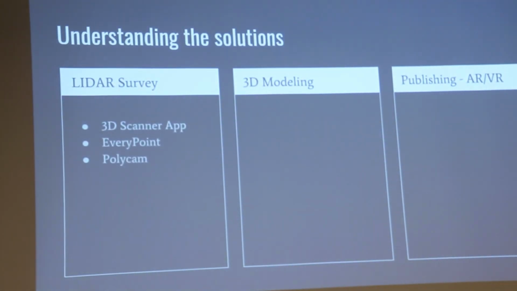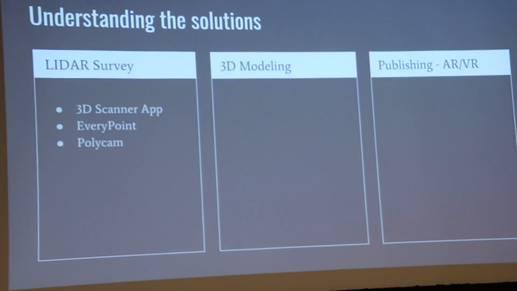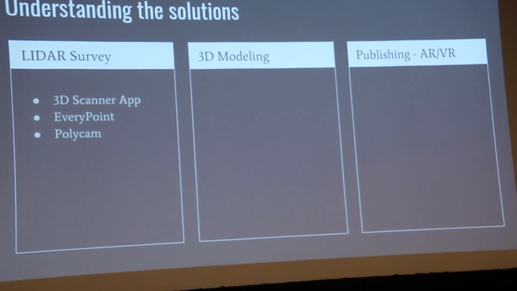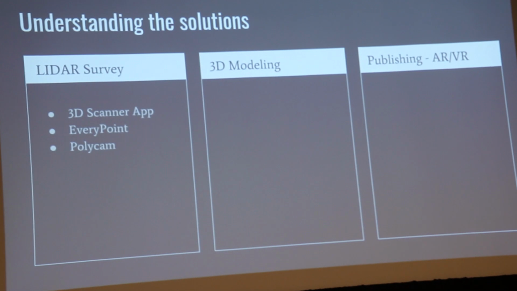So I split the presentation into three parts: the LiDAR scanning, 3D modeling, and publishing. With LiDAR survey, we have access to some free apps on iOS, like the 3D Scanner app, which is my personal favorite. The reason being, you can export the data you collect on this app into the formats that we are traditionally used to in our daily work life, like GIS formats, like GeoTIFF.